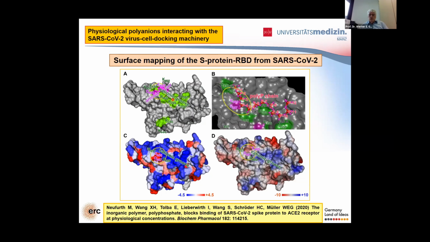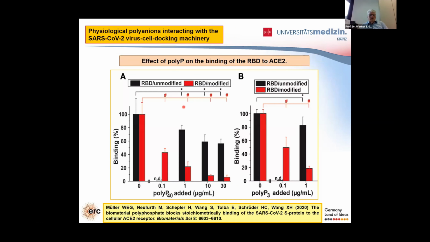And so we could detect that we have an absolutely perfect matching of the polyphosphate to the cationic groove, and then by using an in vitro and later on by in vivo assay, we found that polyphosphate is an extremely potent inhibitor of the binding of the tips of the receptor binding domain from the virus to the cellular receptor.